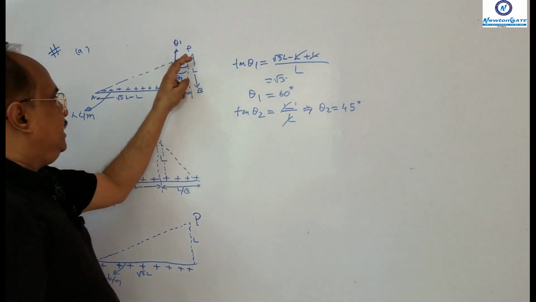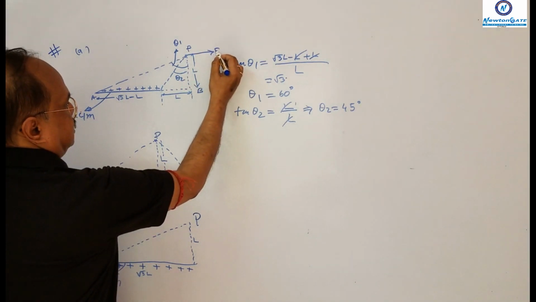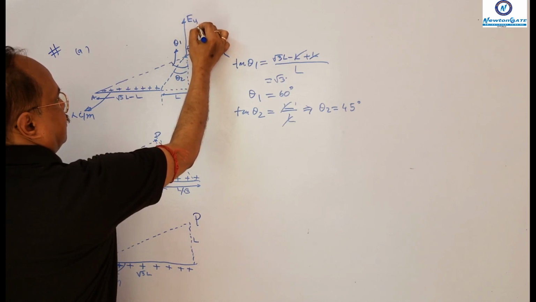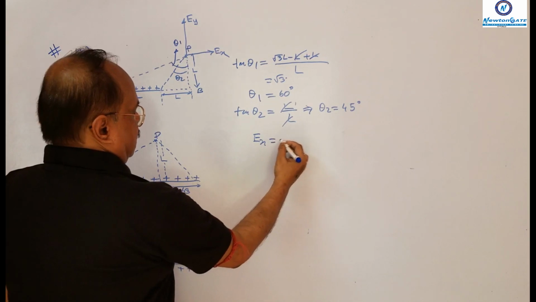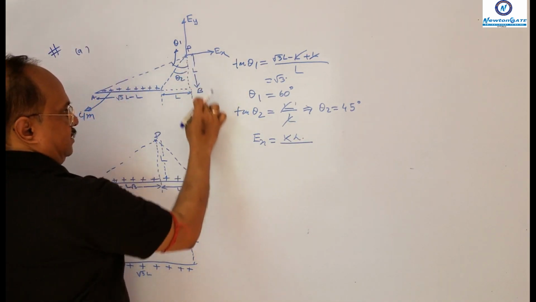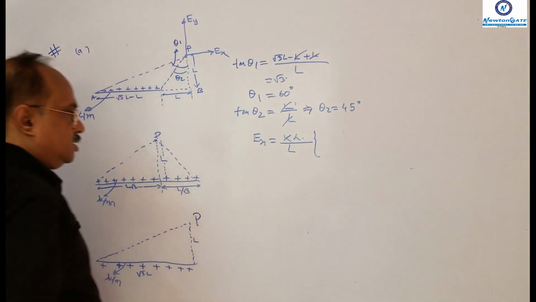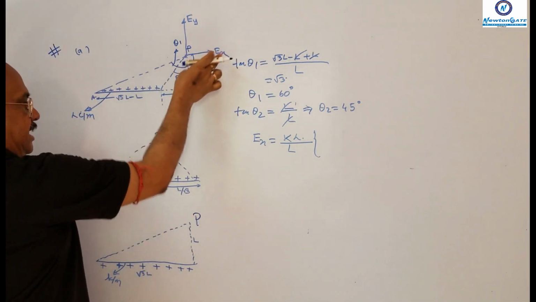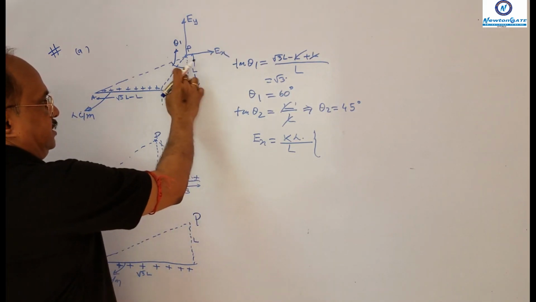Now what will be your EX over here? This side it will be your EX, and this side it will be your EY. So to get the EX, K lambda by A, here L, the perpendicular distance, into cos theta 1. First is our cos theta 2, in the direction of EX, that side is your EX, that means theta 2 will be there.